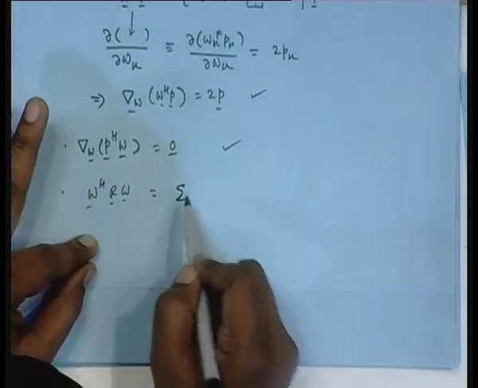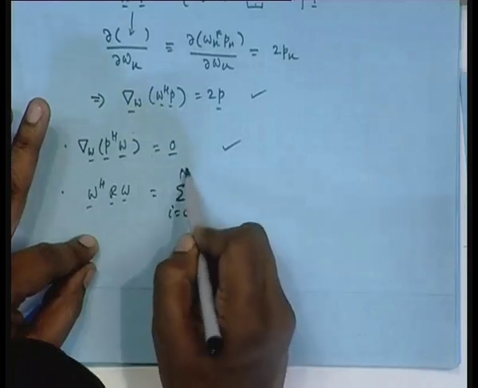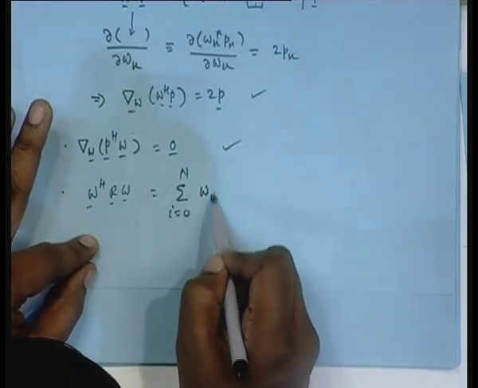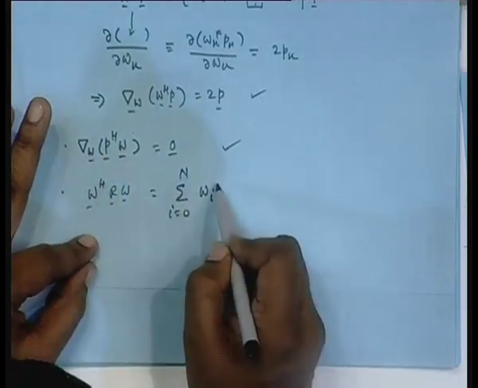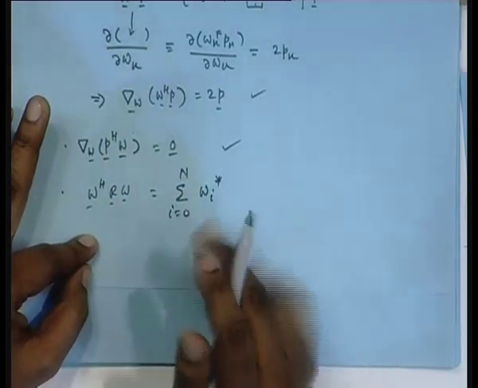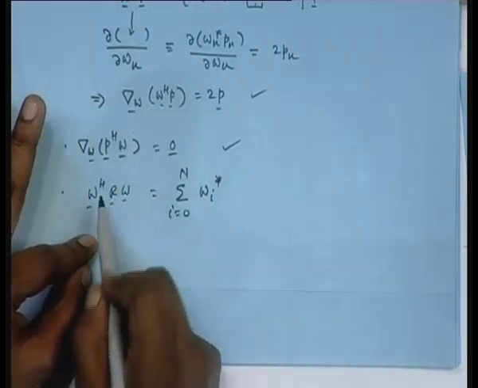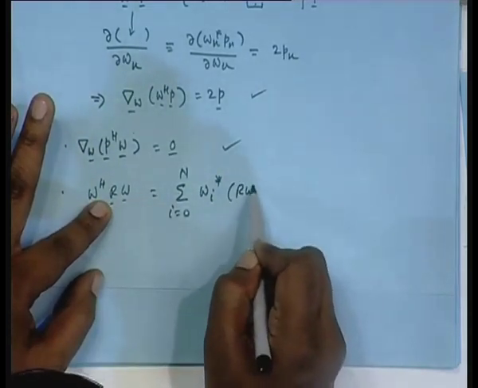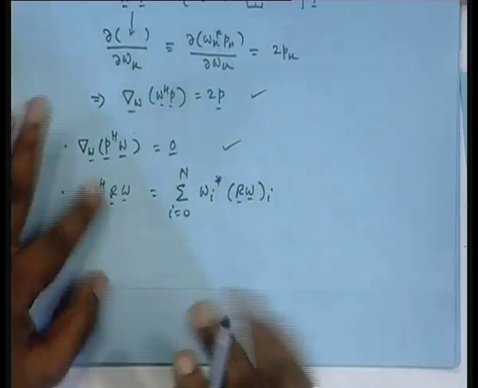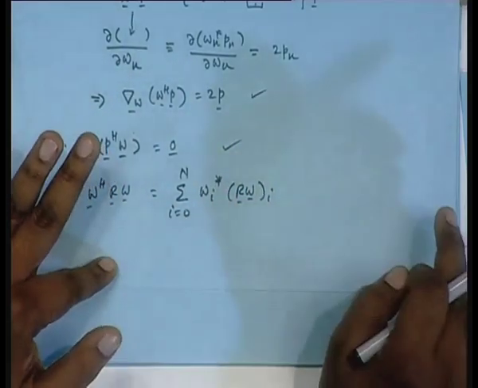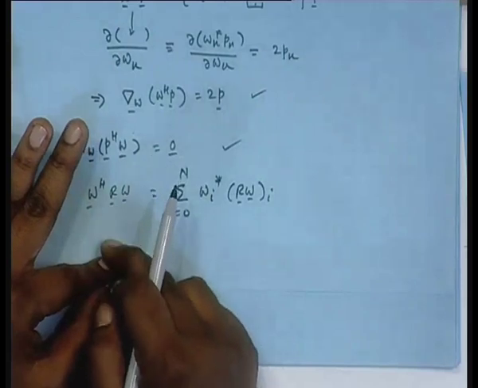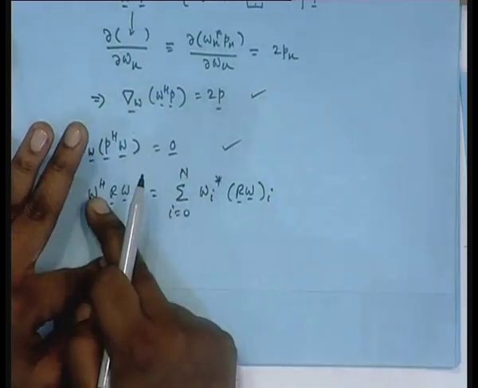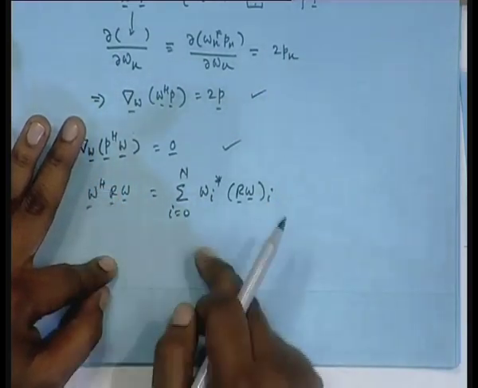So that means i equal to say 0 to n, Wi, but because it's Hermitian, W star, isn't it? Wi is a row vector star, so Wi star, and whatever be the R W thing, ith element of that. Absolutely same steps. Whatever the R W vector, ith element of that, and ith element of this guy star, and you sum. This is the meaning.